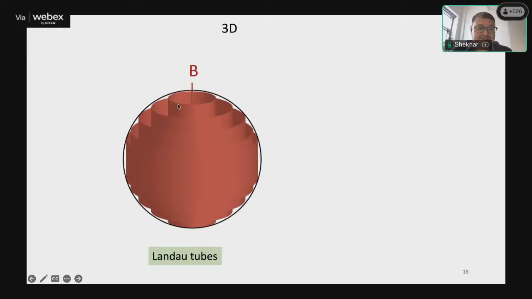The red one is the highest density, in between we have lower density, then again high density, lower density. When we increase the magnetic field, the size of the tube increases and goes away from the Fermi surface. This black circle is the Fermi surface. That means the density of states is changing.